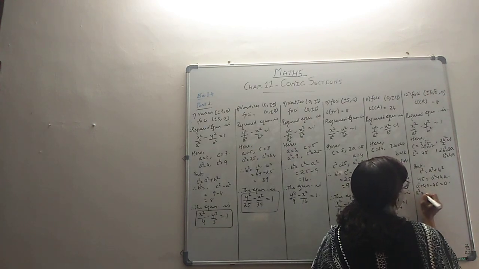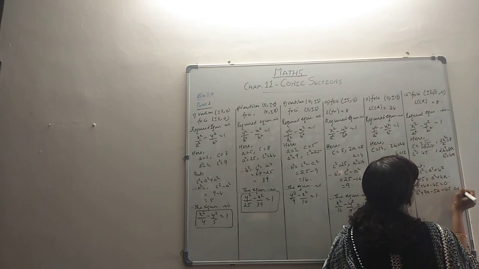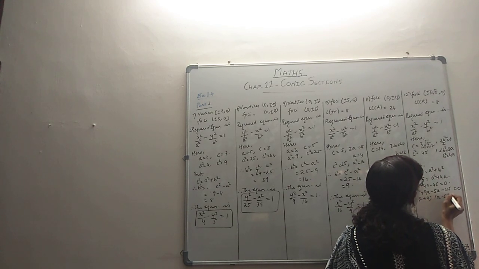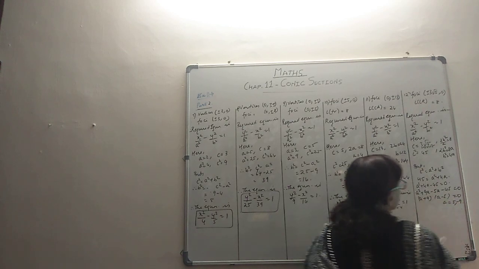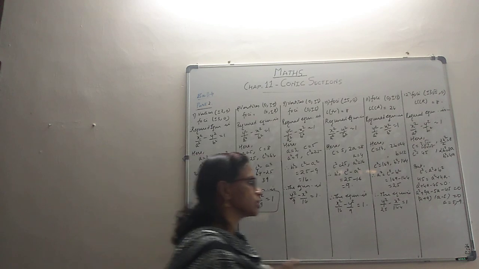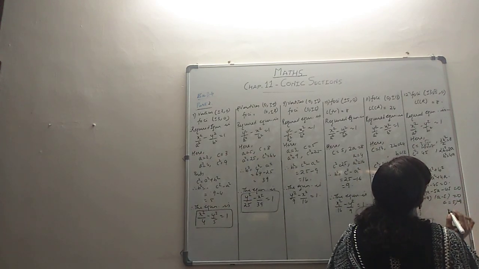So a squared plus 9a minus 5a minus 45 equal to 0. That is (a plus 9) into (a minus 5) when we factorize. So that gives you a value as 5 and minus 9. Now here for a we are accepting only the positive value. So the negative one we are not going to take, and it's going to be a equal to 5 that we are considering.